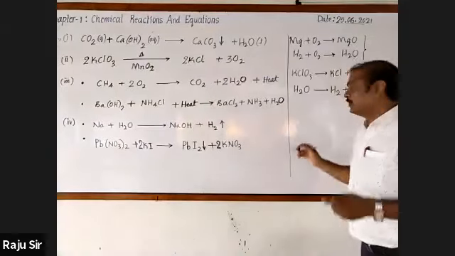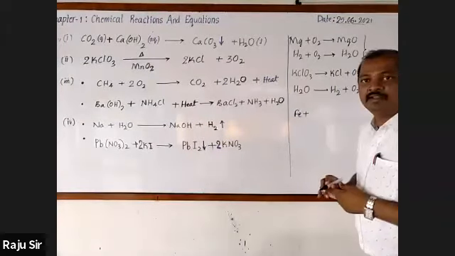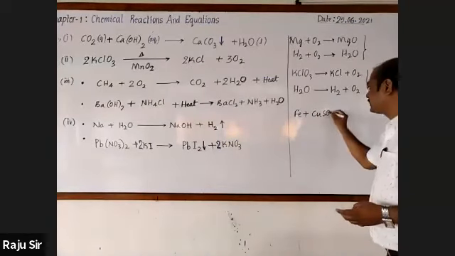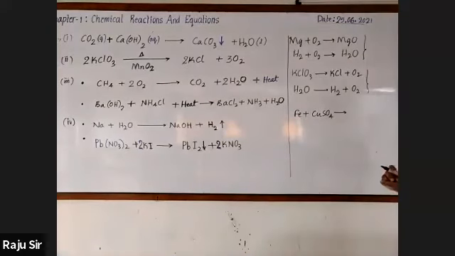That is, when an iron nail is kept in the sky blue colored copper sulfate solution for some time, what happens? The color changes from sky blue to pale green due to the formation of iron sulfate, FeSO4.